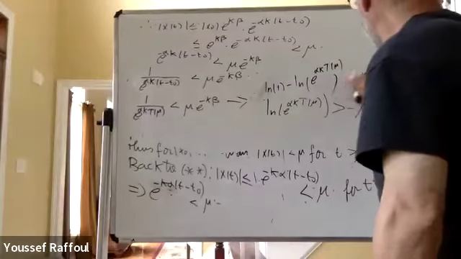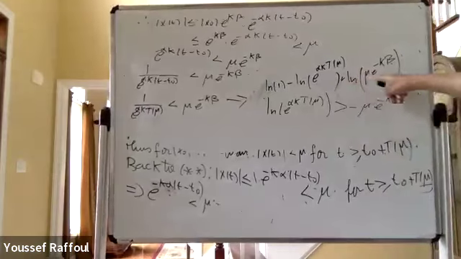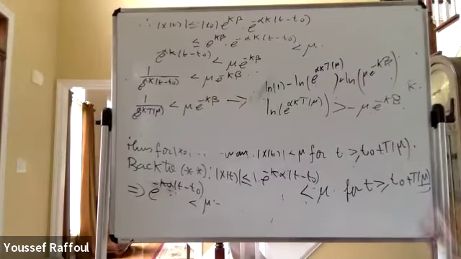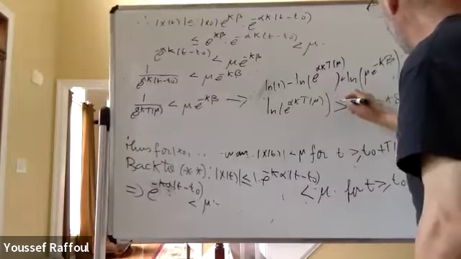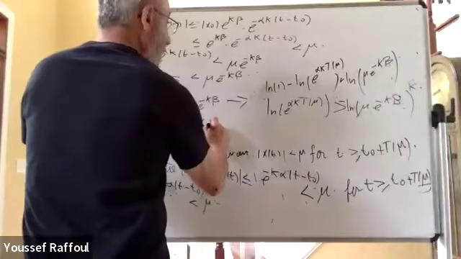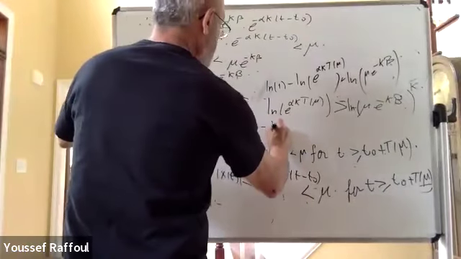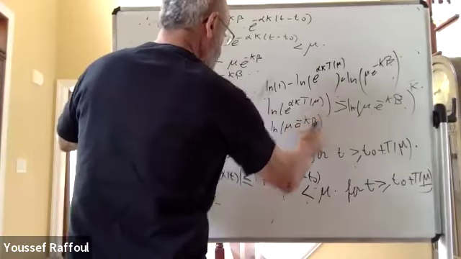Oh, I need ln here. Ln, less than this ln, so bigger than minus ln. All right? And this is an exponential, so we have alpha k t mu is bigger than minus ln of mu e to the minus k beta.